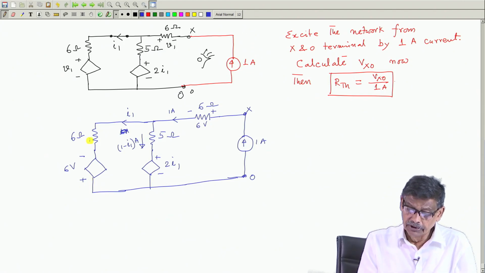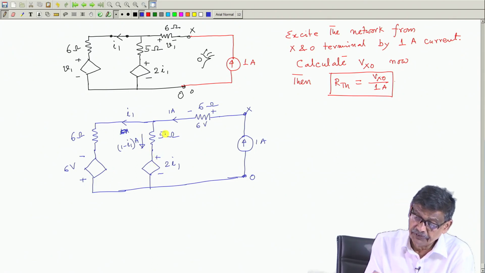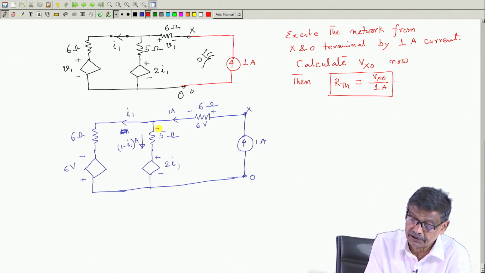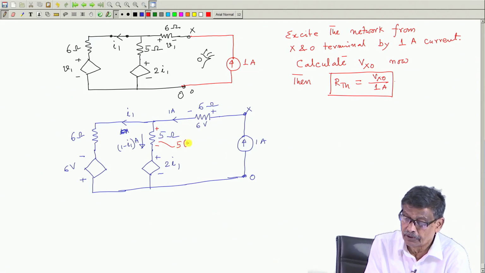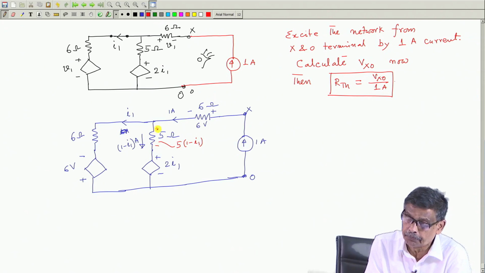Then what will we do? We will write down the KVL equation in this loop, mind you. If 1 minus I 1 is flowing in this direction, then the voltage across this 5 ohm resistance will be 5 into 1 minus I 1, with this polarity, because 1 minus I 1 is downwards.